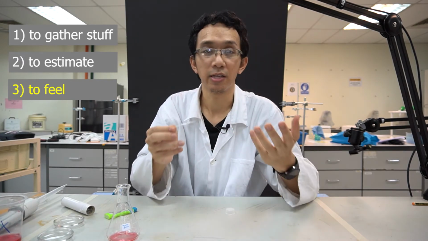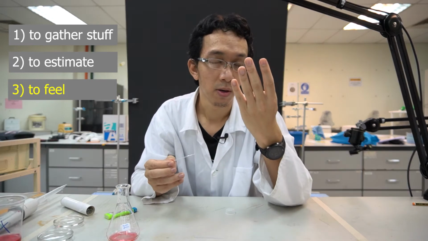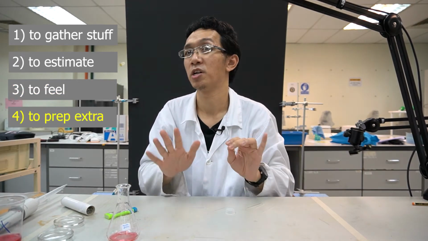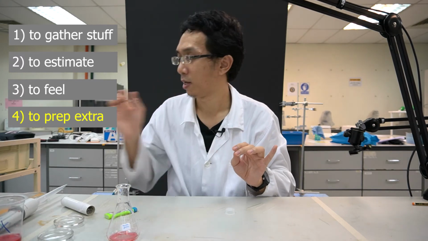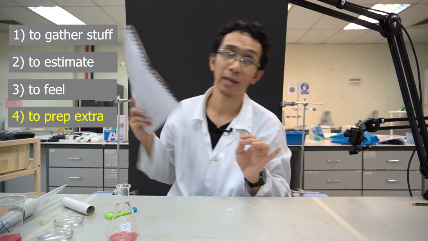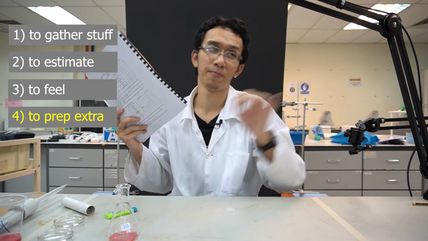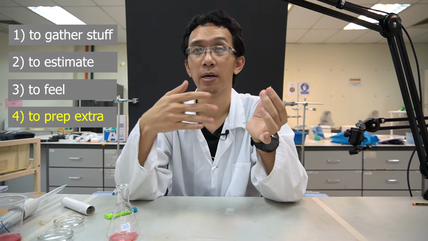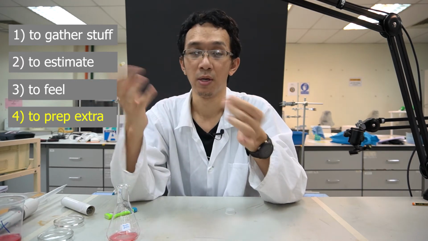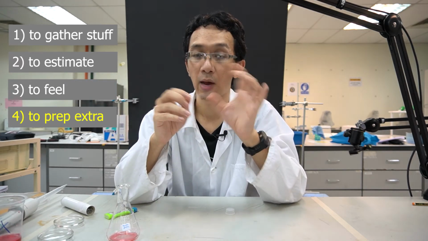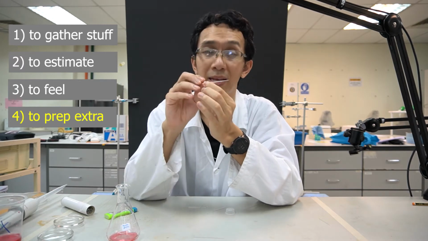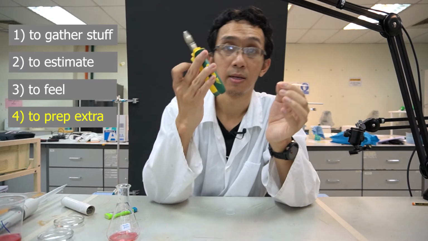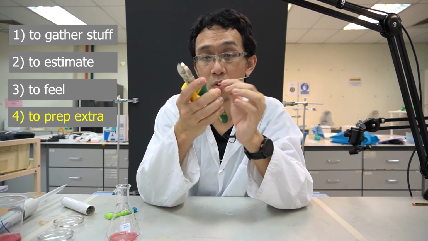Another reason, number 4, is to prepare the extra tool that is not mentioned in your lab manual. For example, the lab manual tells you, okay, prepare this, prepare that, but sometimes they don't tell you in detail what you need to do. For example, let's say I want to break this, I need something that can clip it, like a plier.